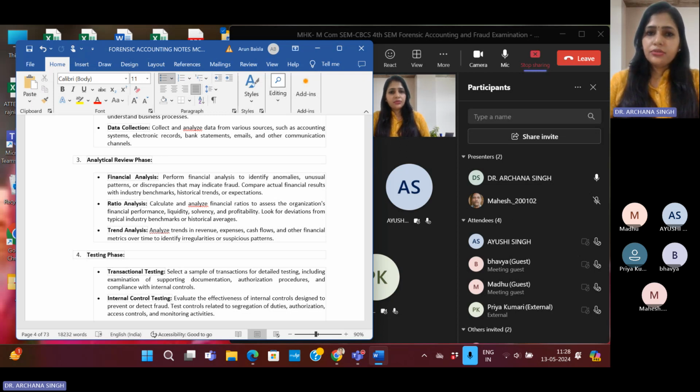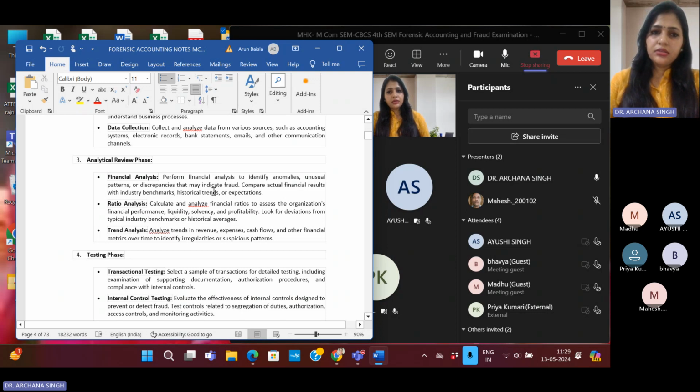So what you had to do, you had to take that figure or that data, and then you had to compare it with the actual one, और actual data जो भी आया है, that you had to compare with the benchmarks that organization has set, and on that basis you can indicate कि अगर unusual pattern है, तो you can then check it with the actual with the standard one, and then you can find out the fraud if there are. Okay, so financial analysis you had to do if an auditor observes an unusual pattern regarding the things.